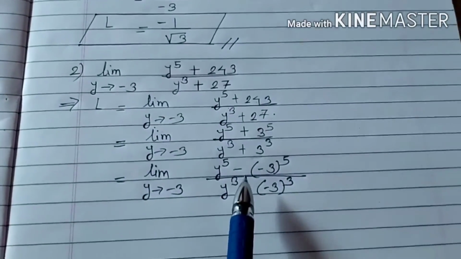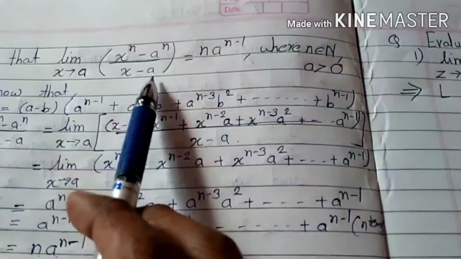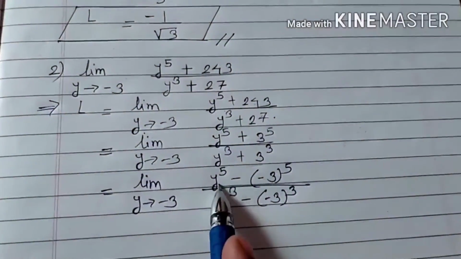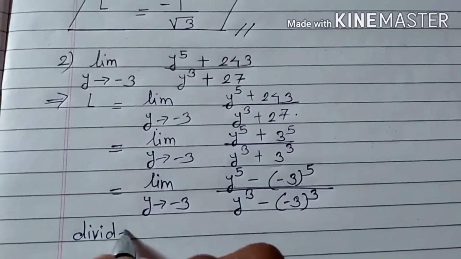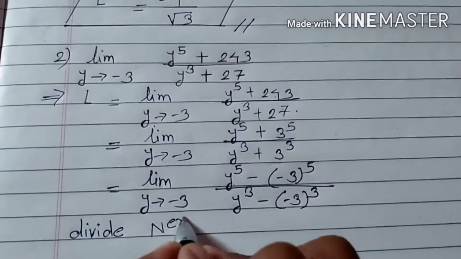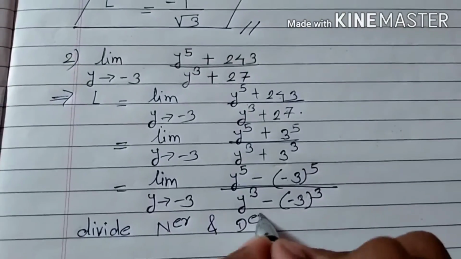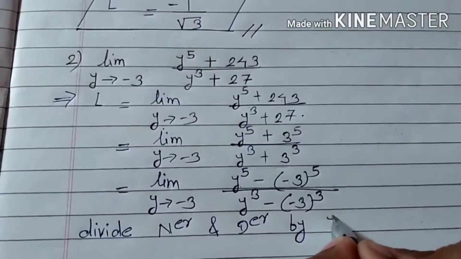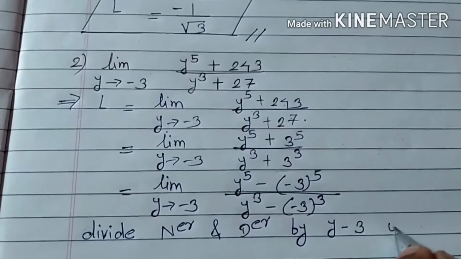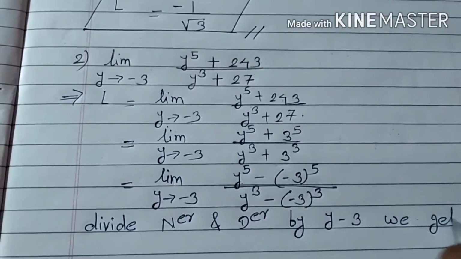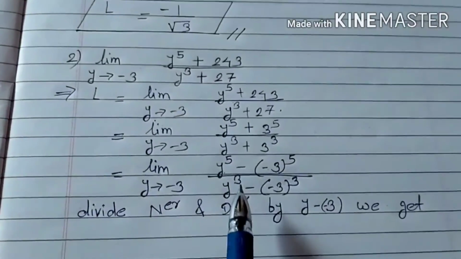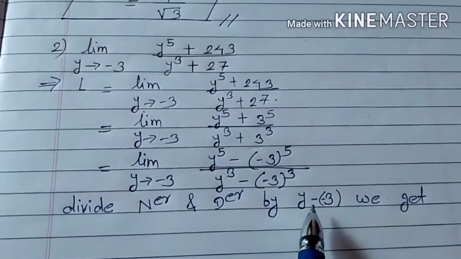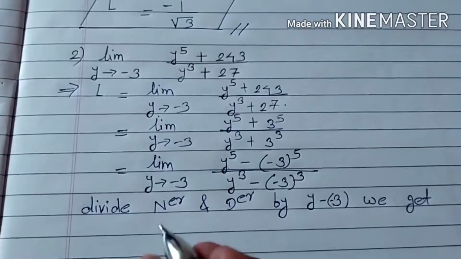Now here we want the denominator like that, x minus a. So here we want y minus 3. So divide numerator and denominator by y minus 3. We get, or it is simple like that, minus of minus 3. Okay, because here it is y minus of minus 3.